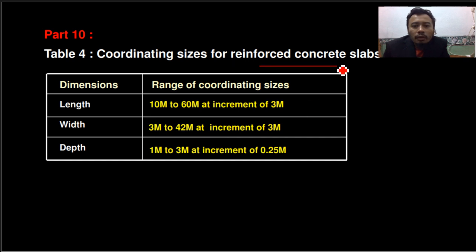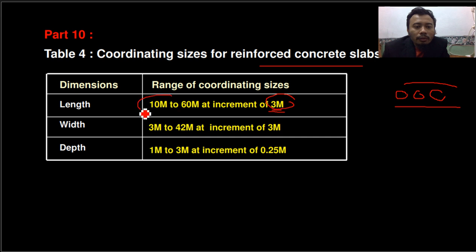So this is for reinforced concrete slabs, when we have prefabricated slabs like hollow core slabs. When you design your prefabricated slabs, your length is an increment of 1 foot, 300 mm, or 3 m, in this case 3 m.